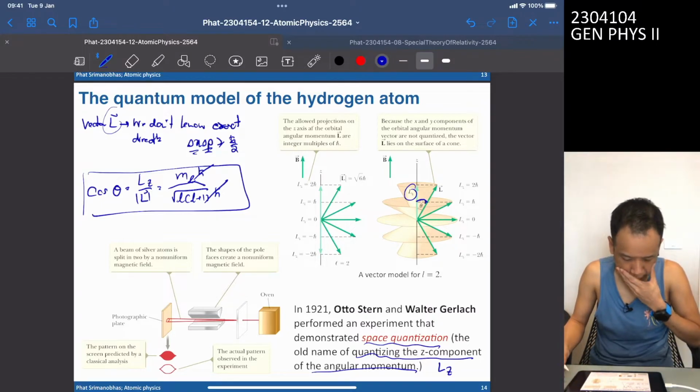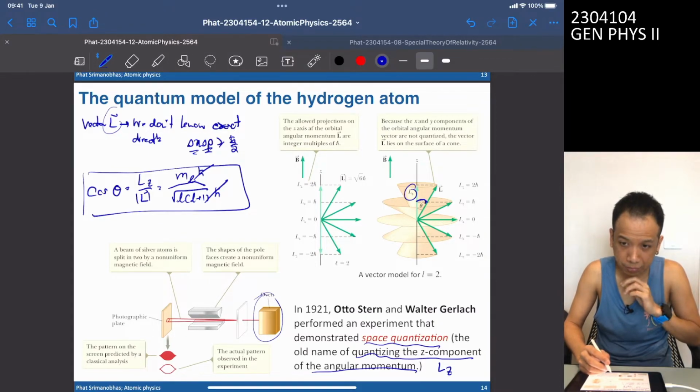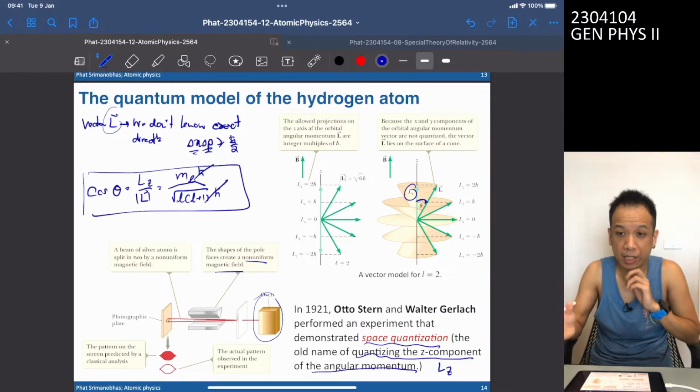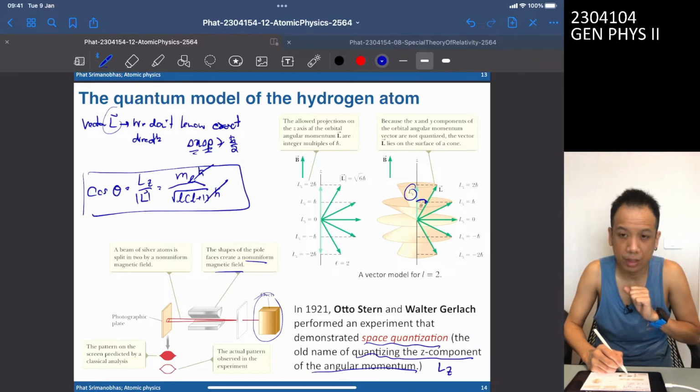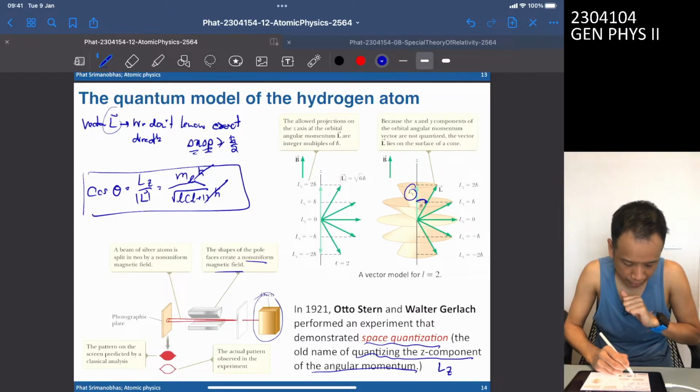What they did is basically you have a source of hydrogen atoms, which then passes through a non-uniform magnetic field, and you can select the z direction, which is where the B field is strongest. Then you have the photographic plate.